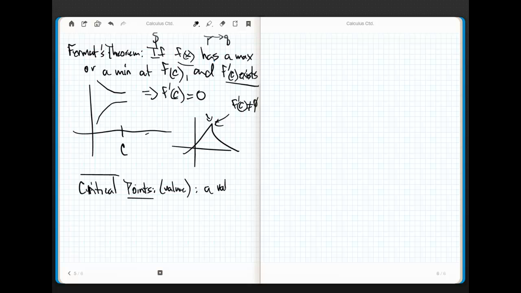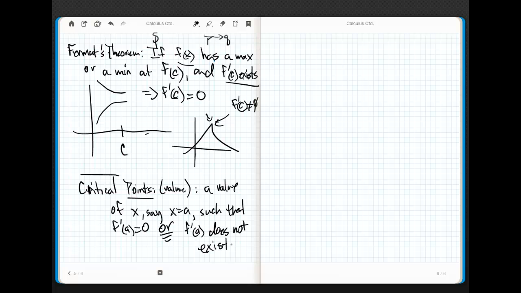It's a value of x, let's say x equals a, such that f primed at a equals 0. Or, and this is a huge or, especially down the road, we can't forget about this, or f prime of a does not exist.